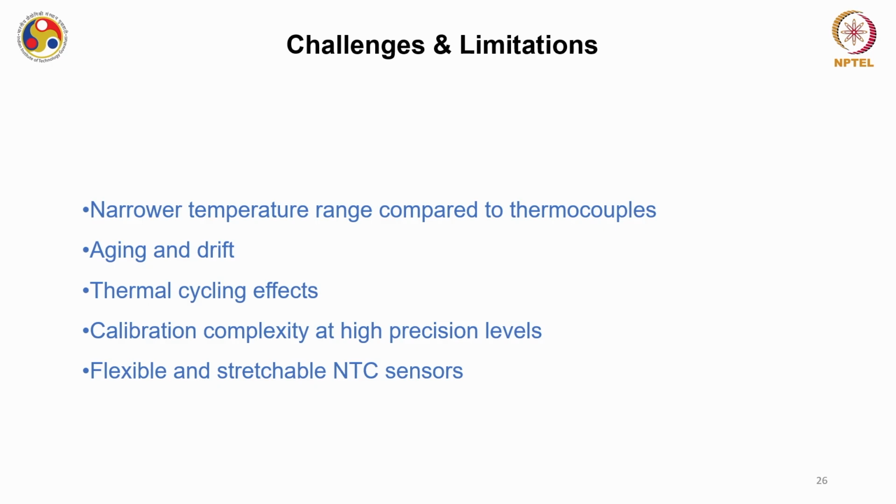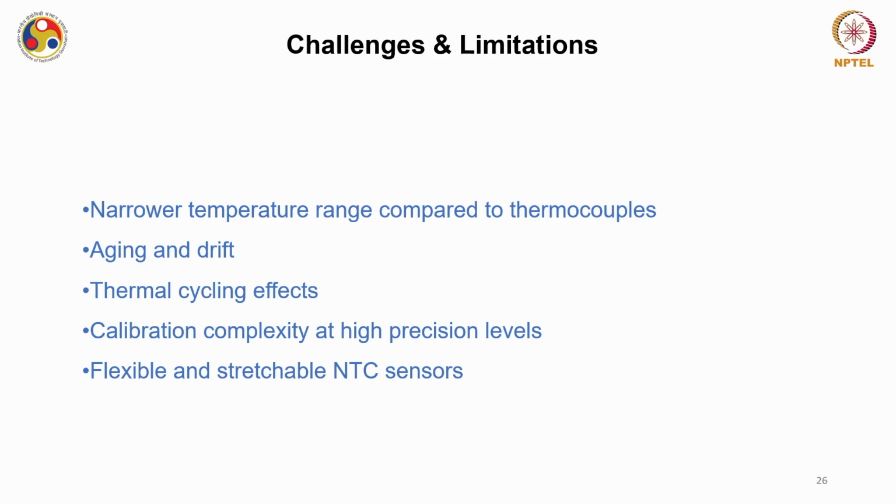If you expose your device to various cycles from, say, minus 100 degrees Celsius to 450 degrees Celsius or so, you may find that effect on your device. Then calibration complexity at high precision level is another disadvantage or challenge, I would say, associated with these NTC thermistors.